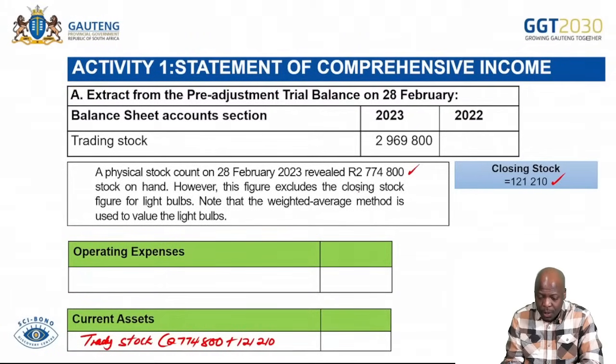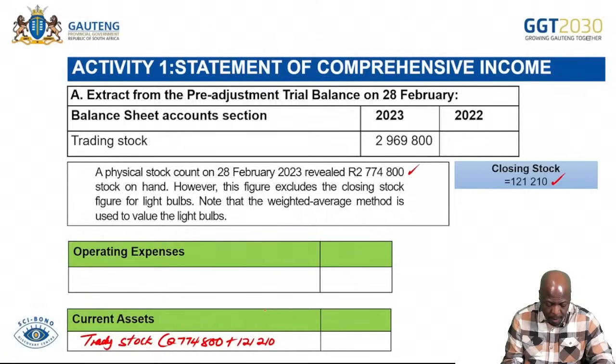this figure excludes, so this is the stock that is now on hand, okay? And then we have to understand that the trading stock that we're given is 2,969,800, that was the figure that we're given in the business books.